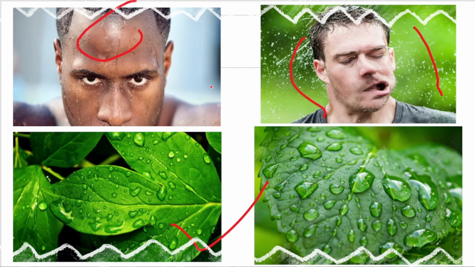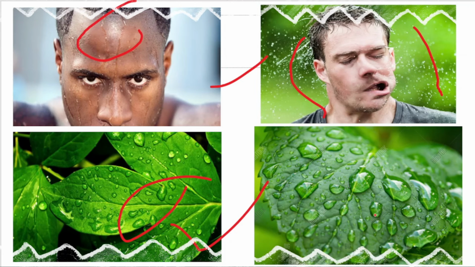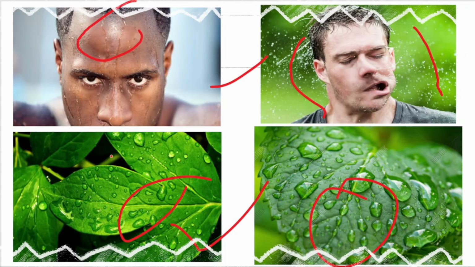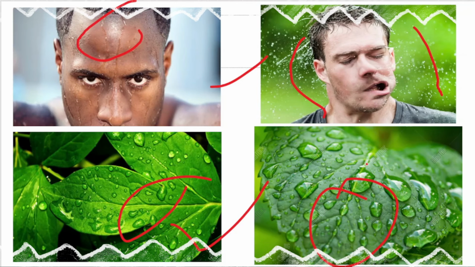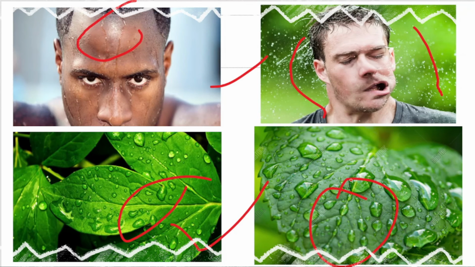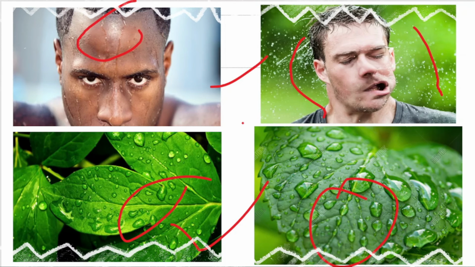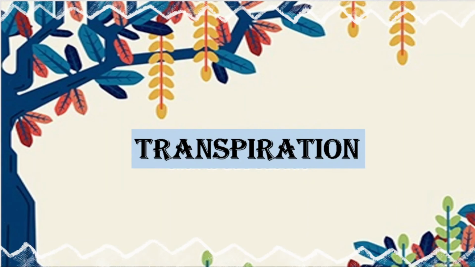The human sweat, but what about these leaves? Do they also sweat? Why is there water on their leaves? Why can we see water droplets on the leaves? Any guesses? Yes, plants also sweat like humans, and that process is called transpiration.